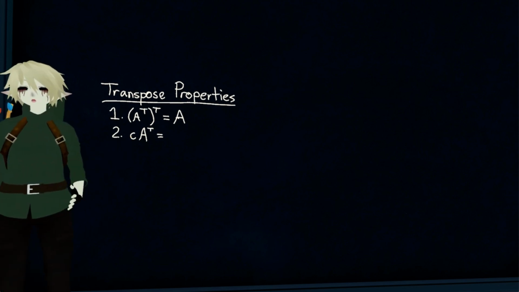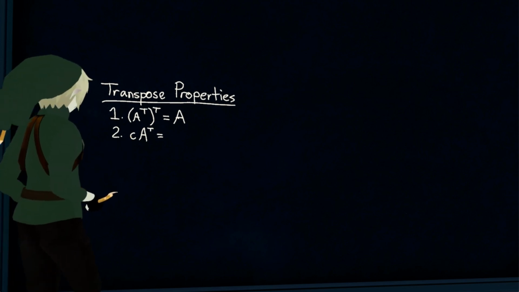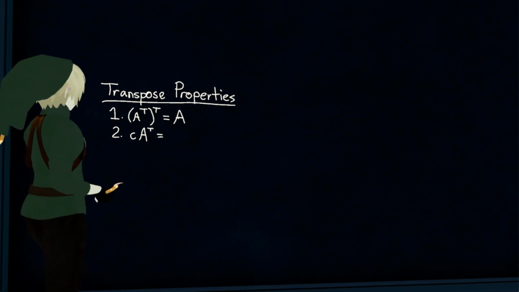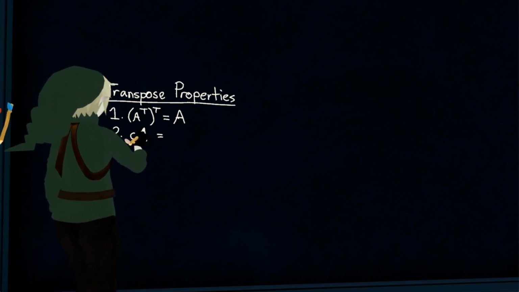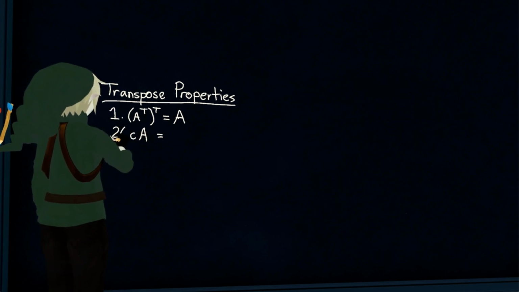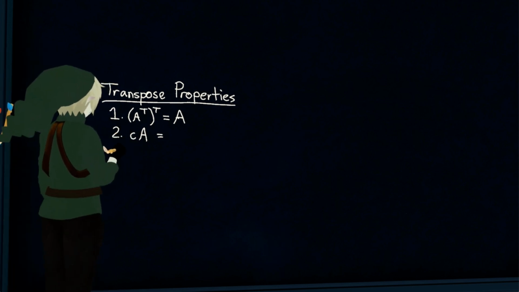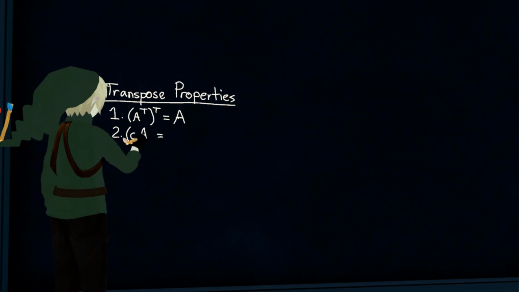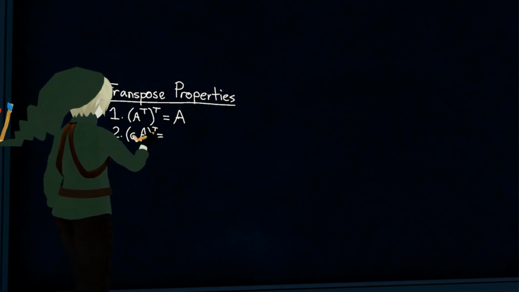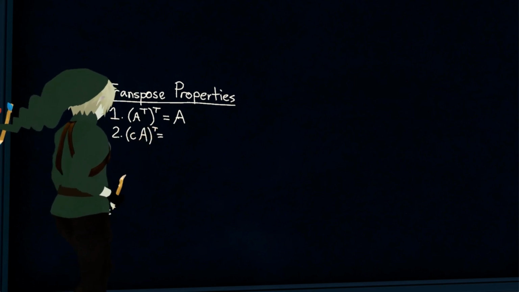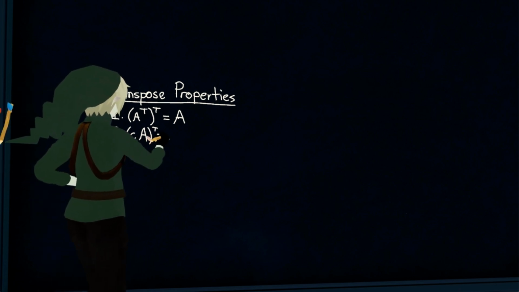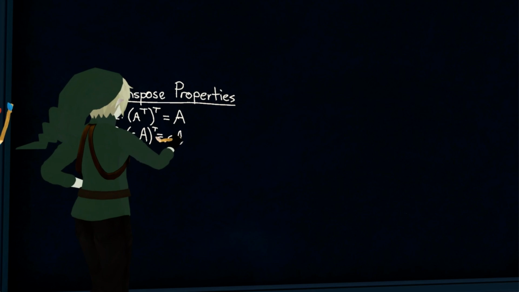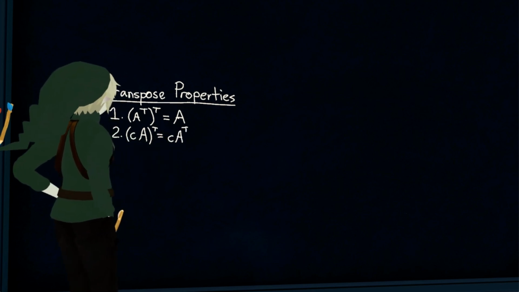We call it a scalar in linear algebra. Okay, so here, I'm sorry, I did not write that correctly. If we are transposing a number times a matrix, this would just come out as the number times the transposed matrix.